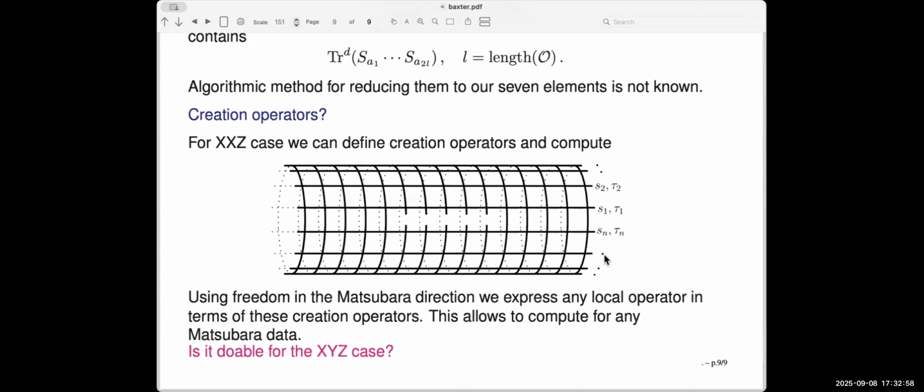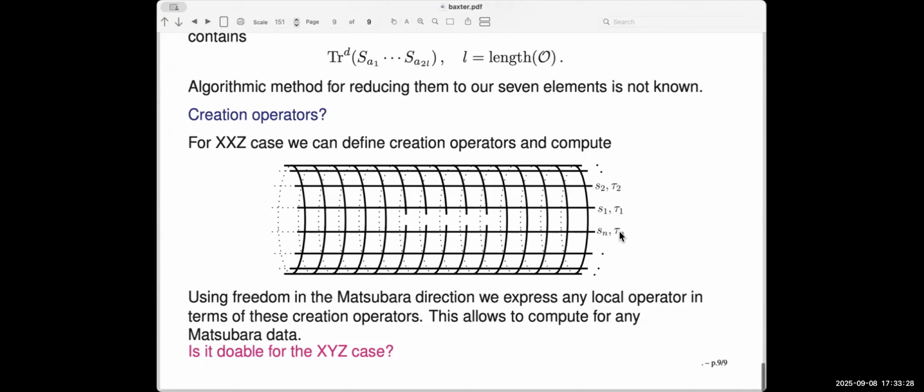You see there are many parameters here in principle, and we were able to compute the correlation functions for these parameters. Using this, we have our fermionic basis, and it is possible to write the expression of any local operator in terms of the fermionic basis, and then use it for any Matsubara space we have.